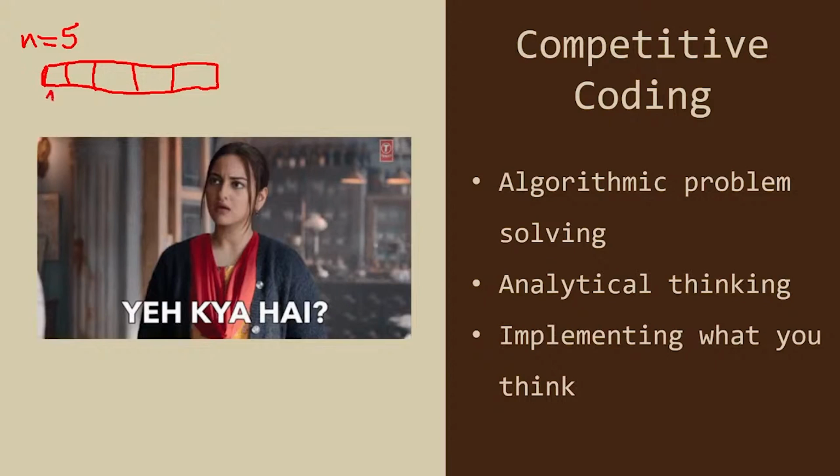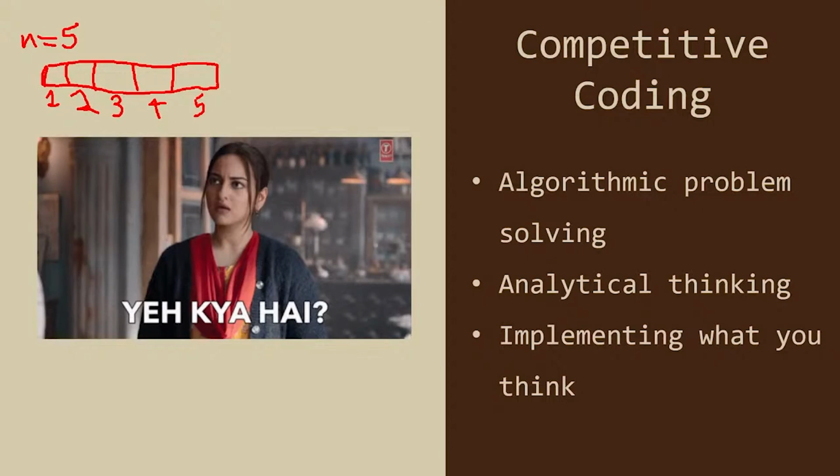Say suppose the indices are 1, 2, 3, 4 and 5. Now what we need to do is that we need to fill this array with numbers. What numbers? You can fill this with either 1, 2, 3, 4 or 5. And each number should appear only once. Okay, got it? Should I repeat myself?